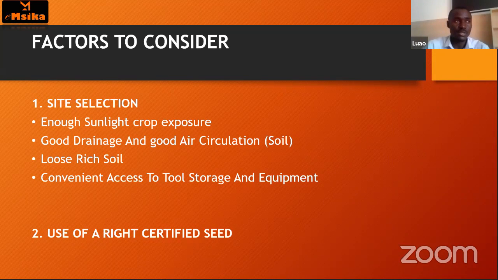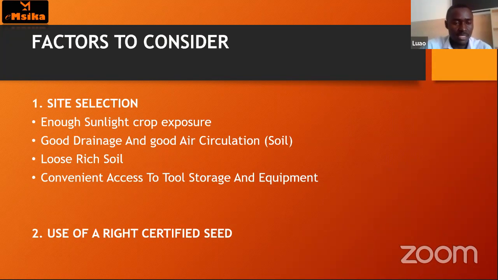A good soil should have life in it, such as beneficial organisms like earthworms and microbial activities, which are responsible for the degradation or decomposition of organic matter in the soil. Air circulation is important in the soil to support the life of these organisms.